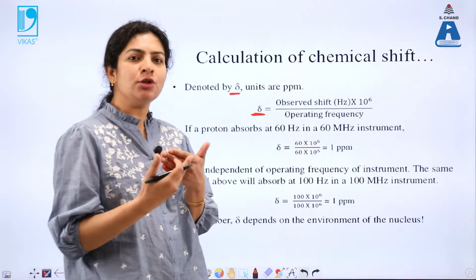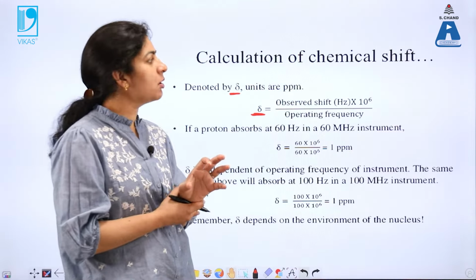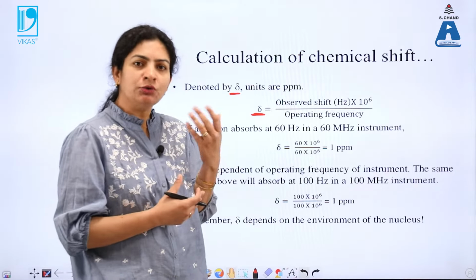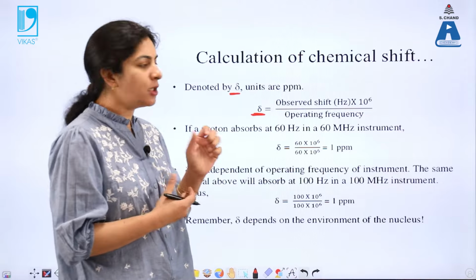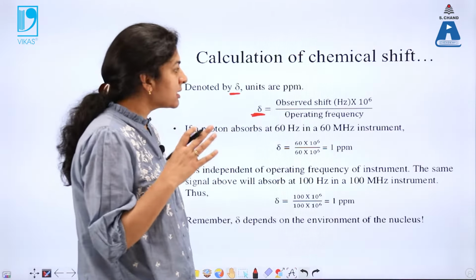Whether we use a 60 megahertz, a 100 megahertz or a 300 megahertz spectrophotometer, the value of the chemical shift in delta is going to remain the same.